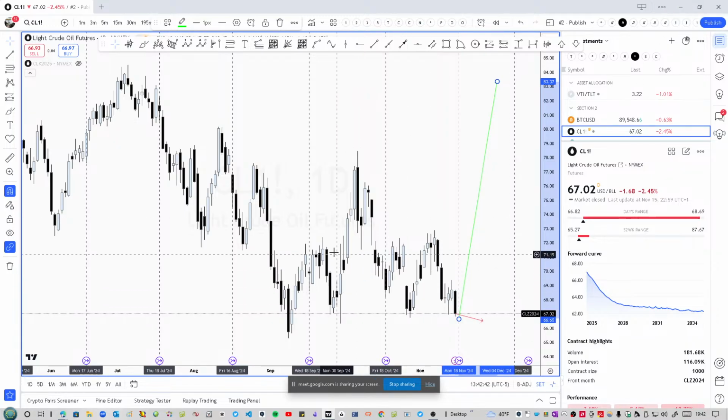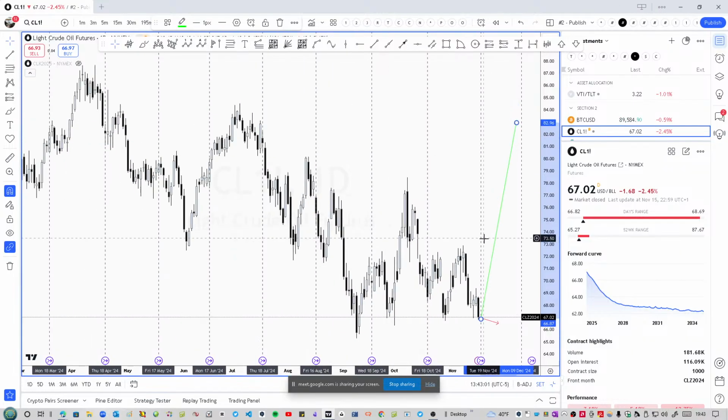Because as I say, they built up a short structure, but obviously they were not strong enough to make it through. So you have no follow through here in this short structure, and that would actually speak for more bullishness in the market. And especially if you have a bearish structure in a bullish structure.